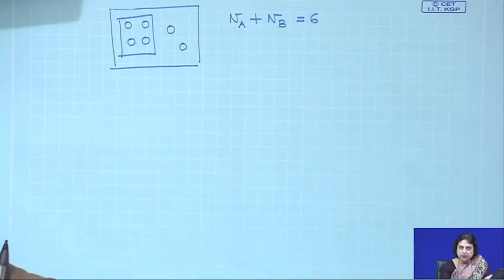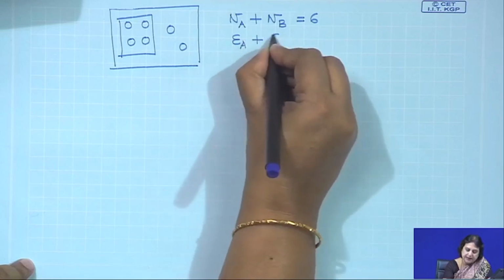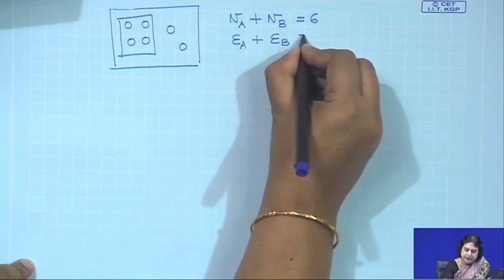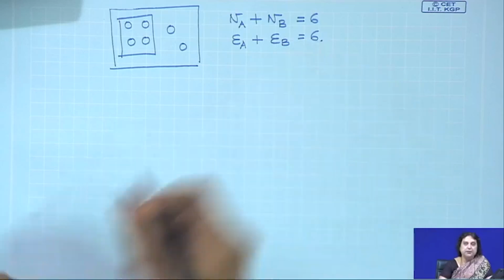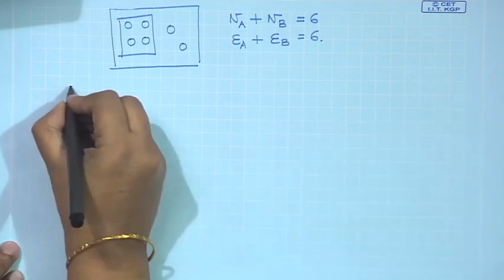This obviously satisfies the relation that Na plus Nb is equal to 6 as required. Now, I must also satisfy this condition that epsilon A plus epsilon B is equal to 6. Then my question is, if I want to repeat this calculation of the distribution function for possible epsilon A values, what should I be doing? I understand that in this case I must have a table as we have prepared before.